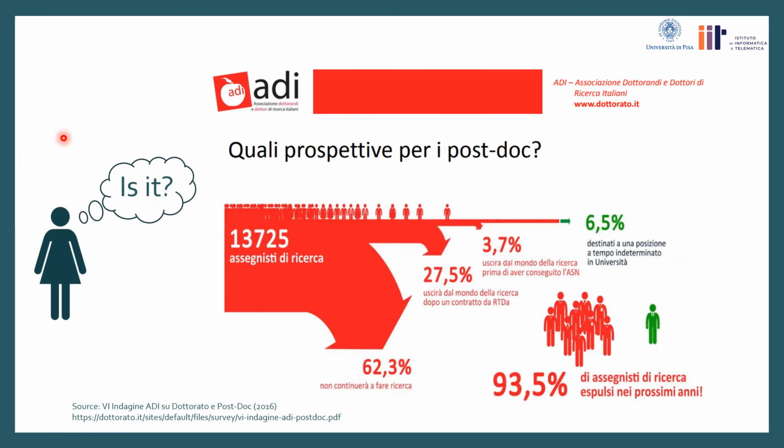But is it? This slide reports the number of researchers that try to start a researcher career right after the PhD. 62% will not continue to do research. 27% will abandon the research sector after a fixed term contract, a research contract.